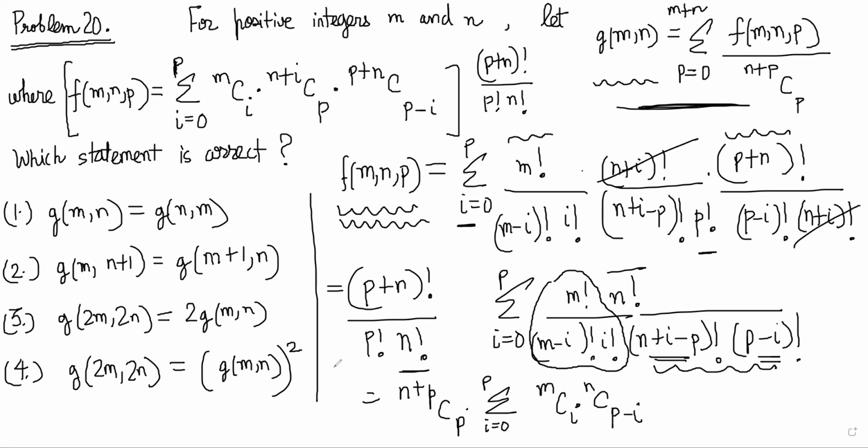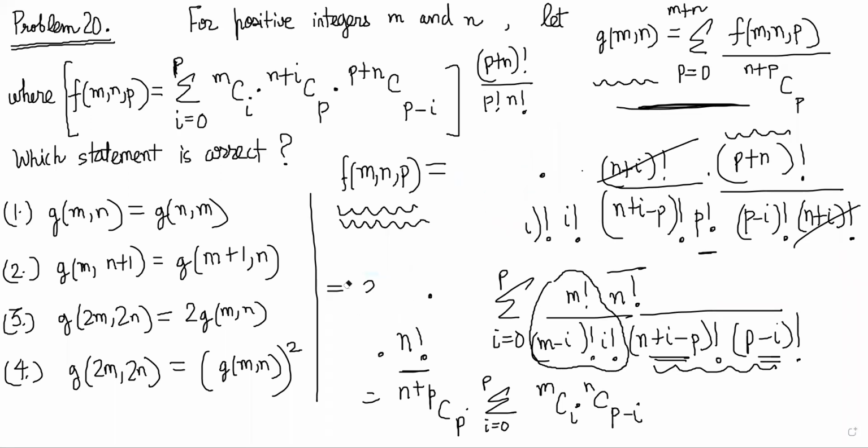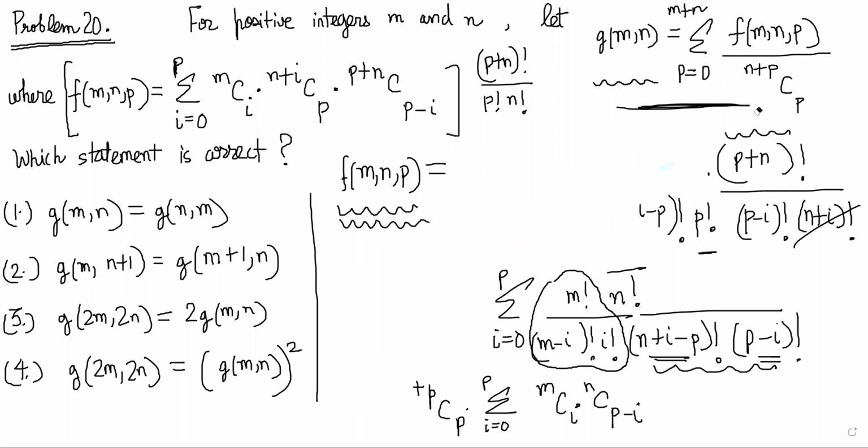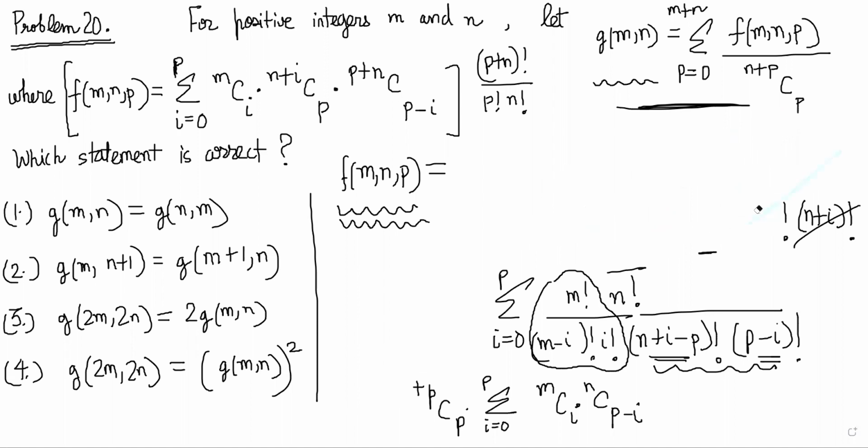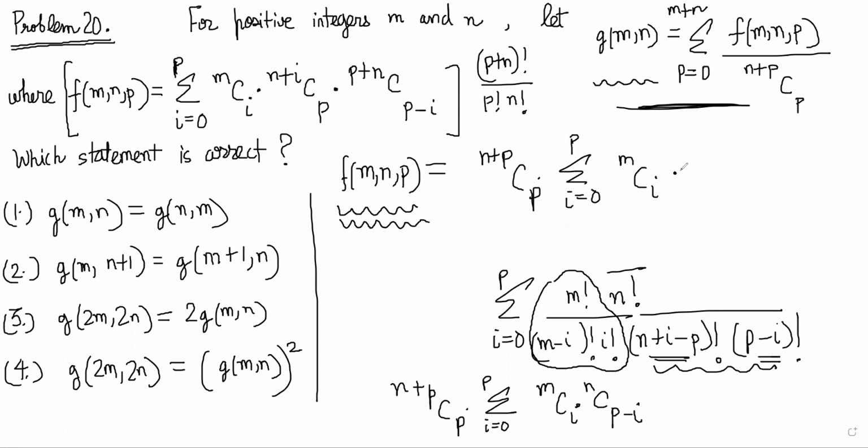So what is happening is f of m and p is coming out to be something like this. It becomes n plus p C p summation over I from 0 to p mCi multiplied by nC p minus I, right?